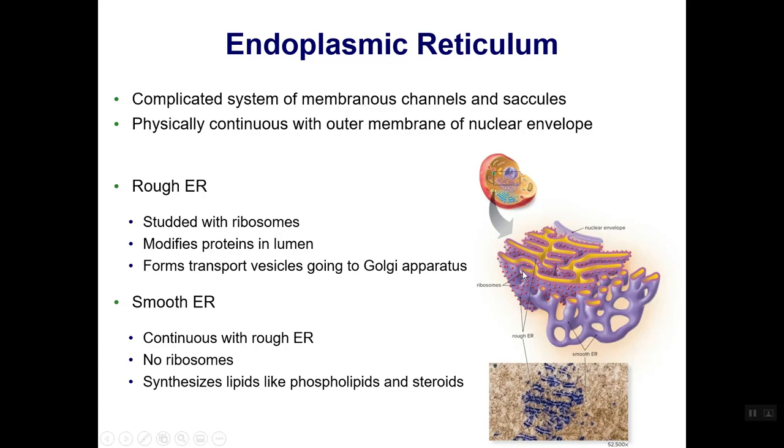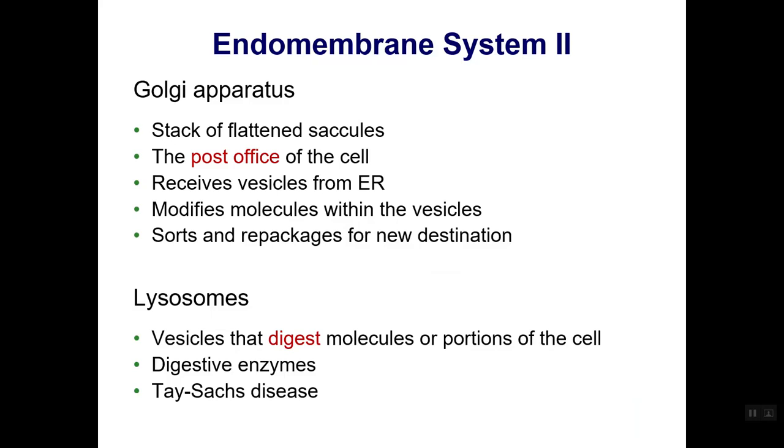So these ribosomes will produce proteins that the rough ER can transport to the next organelle, which is the Golgi apparatus. We'll get to that one in a second. The smooth ER, no ribosomes, no protein production. Instead, the smooth ER synthesizes lipids, fats, oils, phospholipids, steroids that can then be transported to the Golgi apparatus as well.